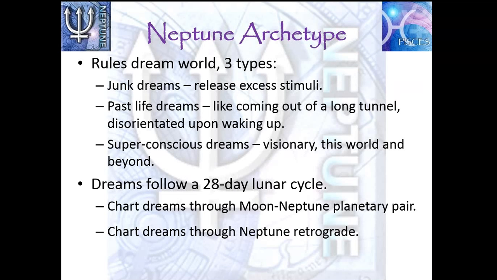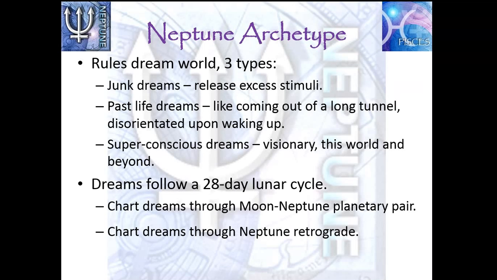When we do have a past life dream, there's usually a pretty strong intensity. You remember that dream. Whereas you can be going through your junk dreams, and while they can have some meaning to you, the moment you get out of bed and you go take the morning bathroom break and you look out the window, you forgot the dream. That's why they talk about dream journals by the bed.